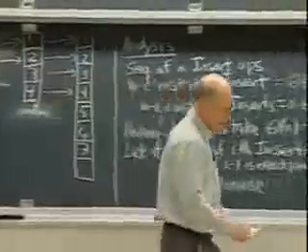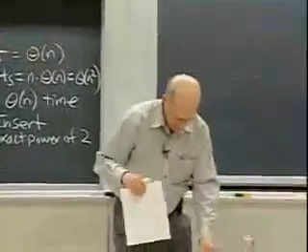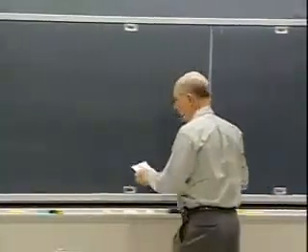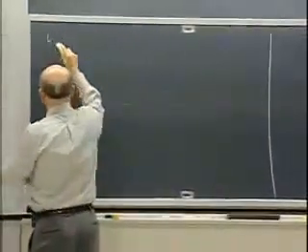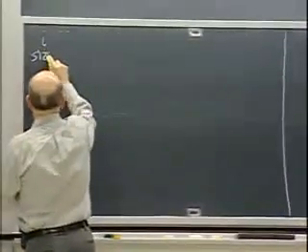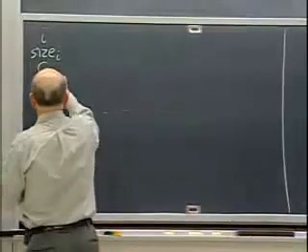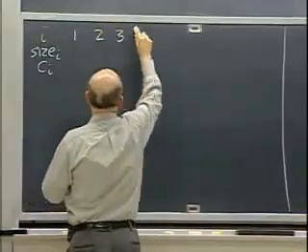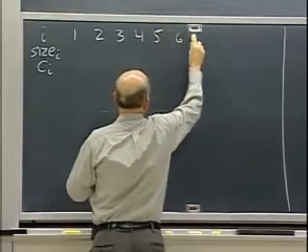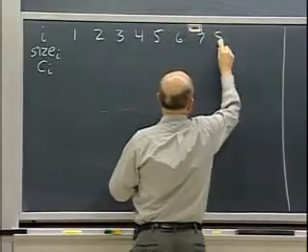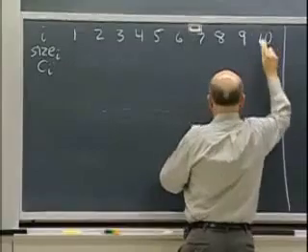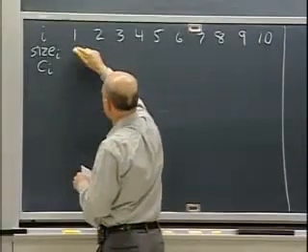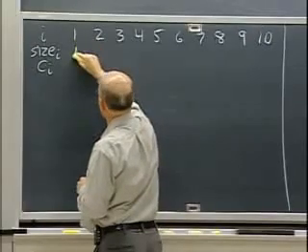So let's actually make a little table here so we can see this a little bit more clearly. We're going to have i, and then the size of the table at step i, and the cost at step i. At step 1 the size was 1.